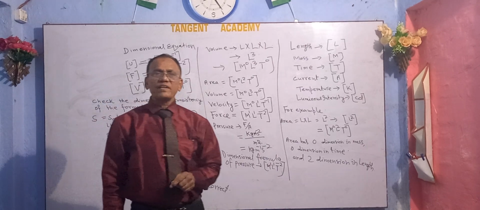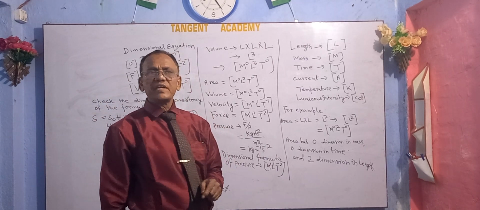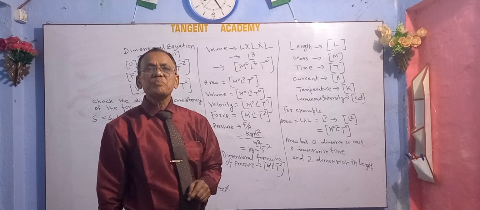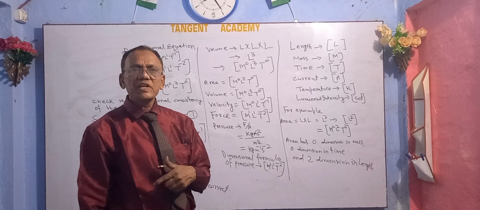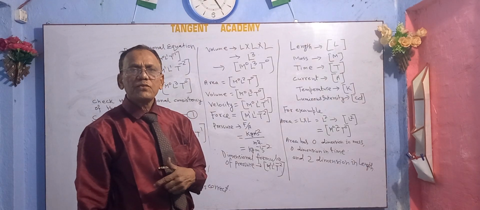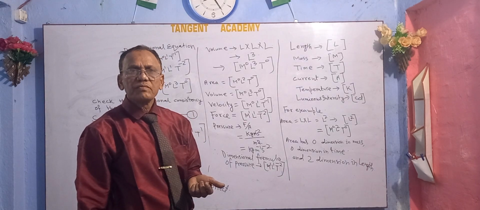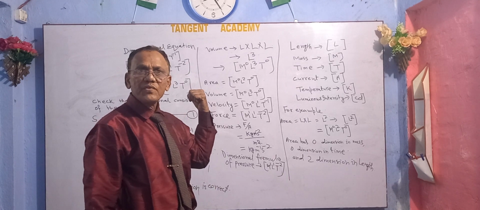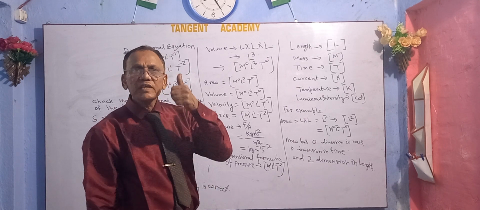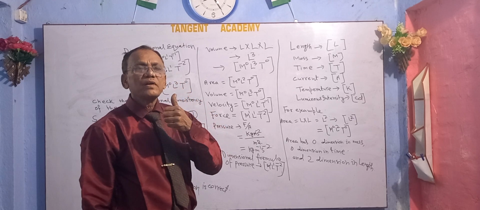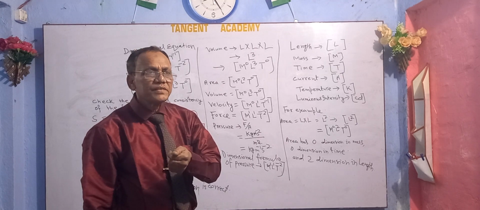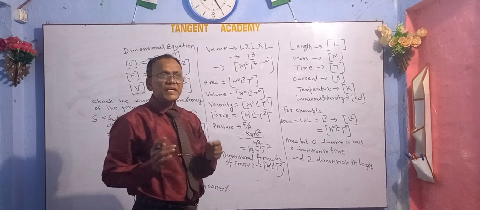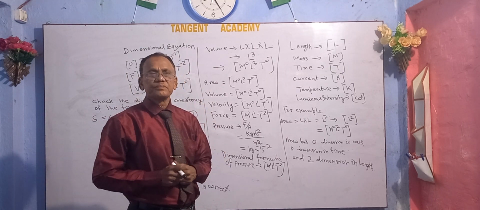Now I wish to take a very important derivation: the time period of a simple pendulum by using the dimensional formula. I am going to derive the time period of a simple pendulum, T is equal to 2 pi under root L by G. These are applications of dimensions.